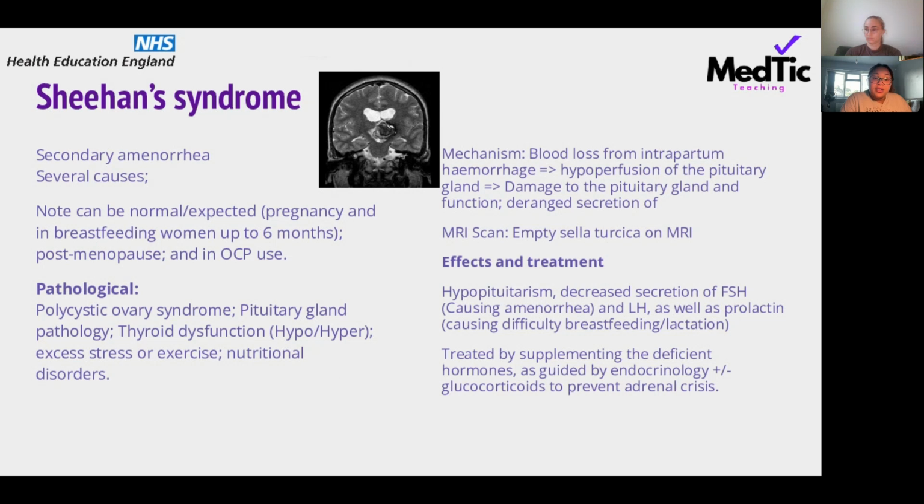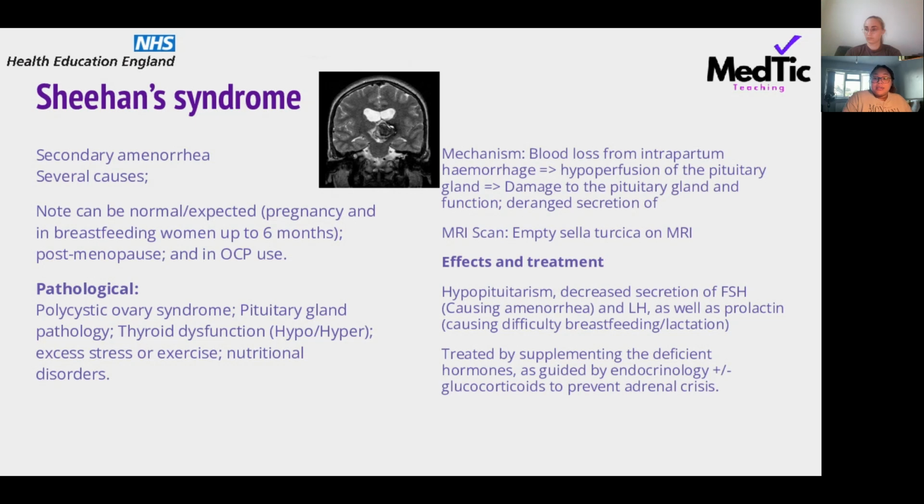To be fair, in the UK and Western countries, it's relatively rare because of the availability of blood and getting that blood back into the women to promote reperfusion. But it's important to be able to spot and manage.